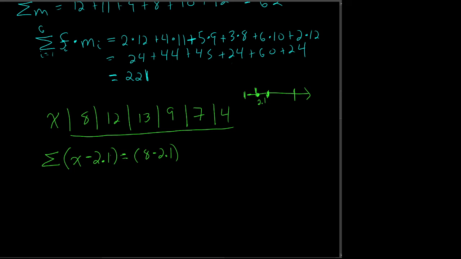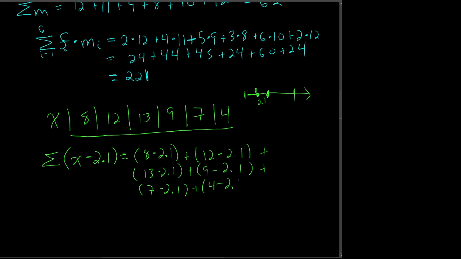Grab my first thing, put it in, plus 12 minus 2.1, plus 13 minus 2.1, plus 9 minus 2.1, plus 7 minus 2.1, plus 4 minus 2.1. And so I have a way of writing, I need to correct all of these by 2.1 and then add up the total.